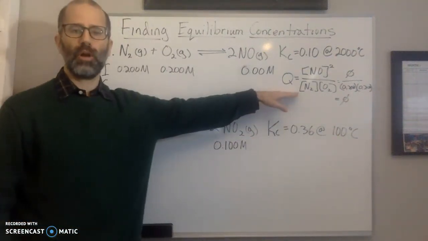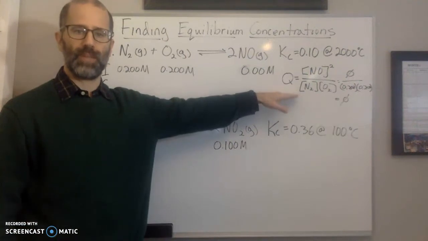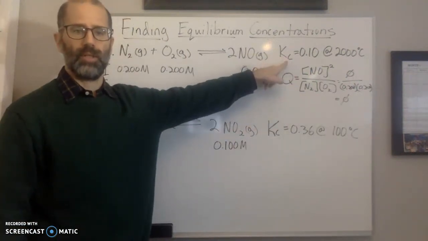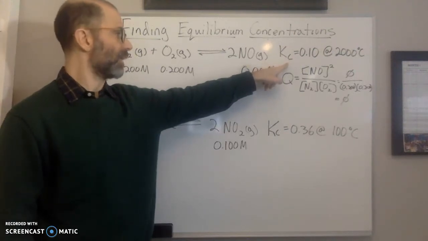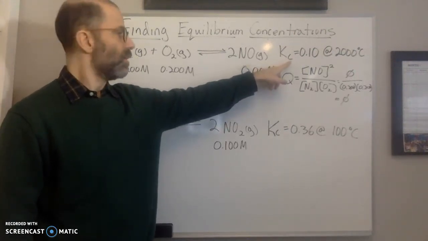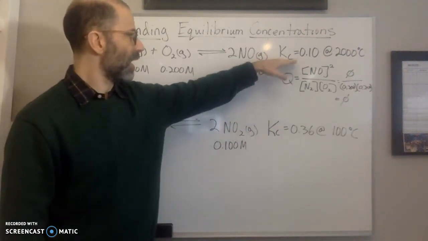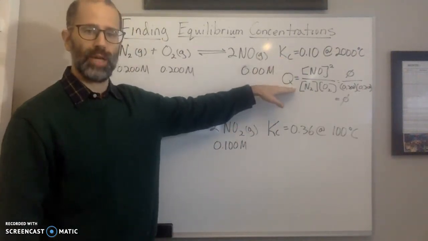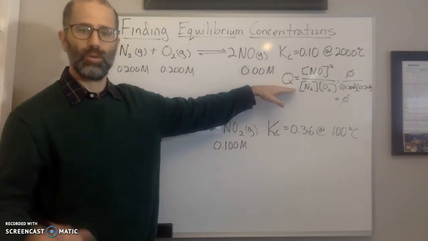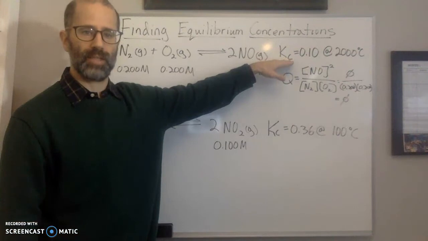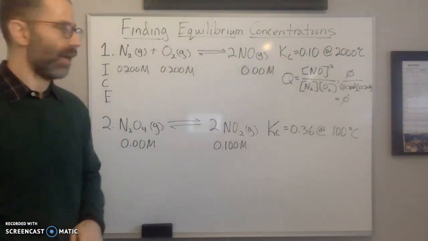Once you get your reaction quotient, you're going to compare that to your equilibrium constant. Depending on whether Q is less than, equal to, or greater than the equilibrium constant, that determines whether it's going to go to the right or to the left.